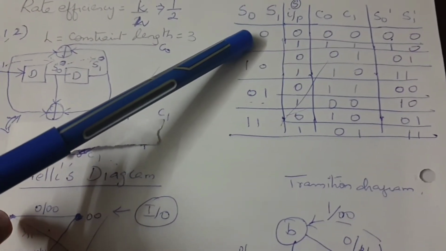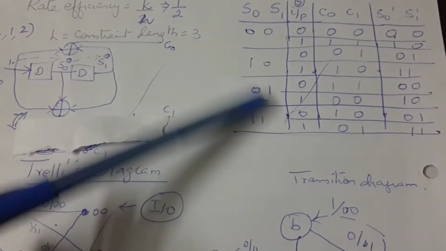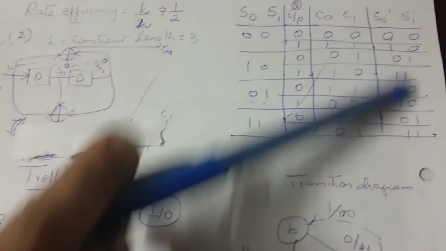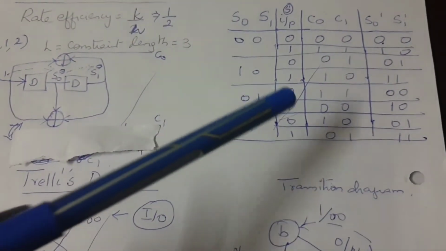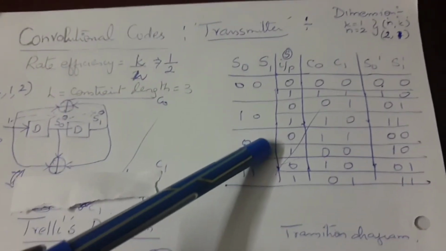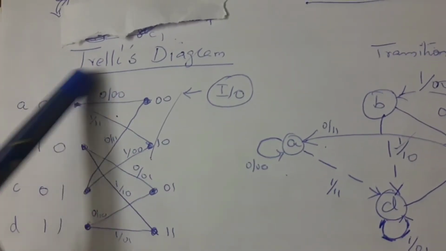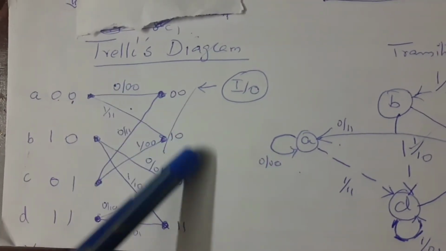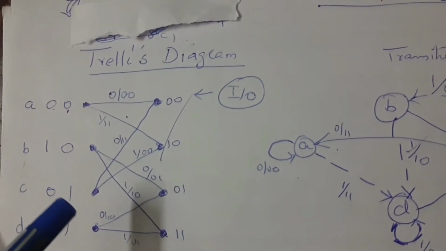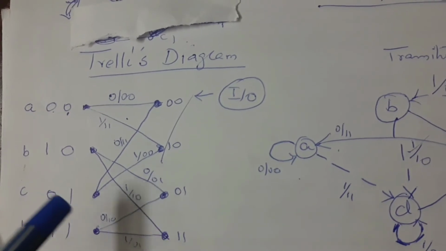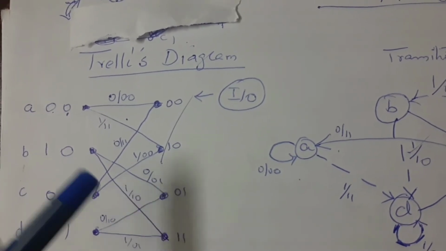The levels of input and output state are representing first column and last column. This is how we can convert a truth table into a Trellis diagram. This is the output of an encoder circuit, which is nothing but a convolution encoder.